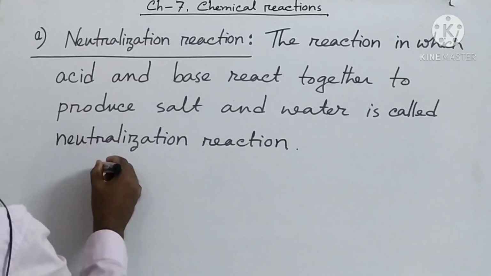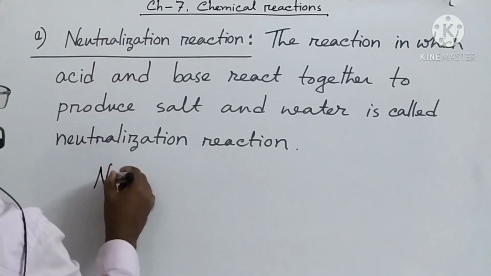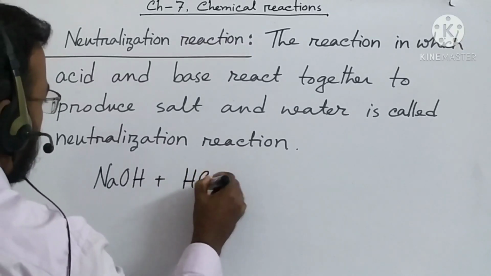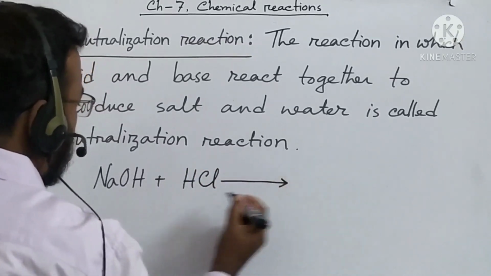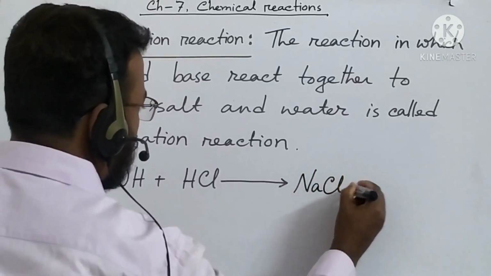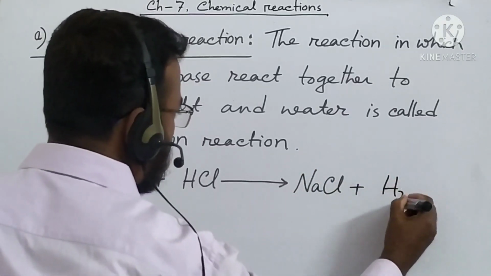For example, sodium hydroxide plus hydrochloric acid react together to produce sodium chloride, salt, and water.